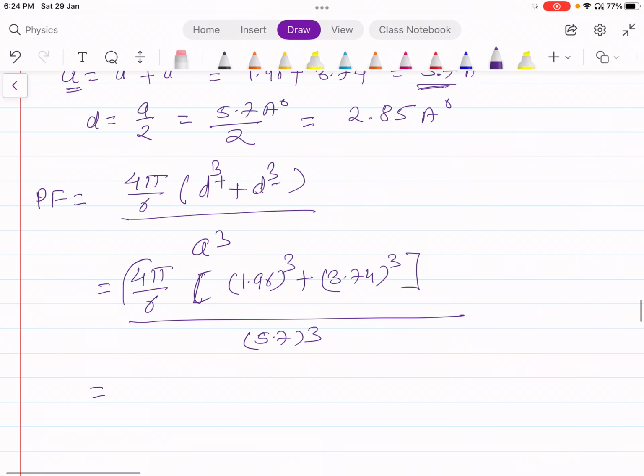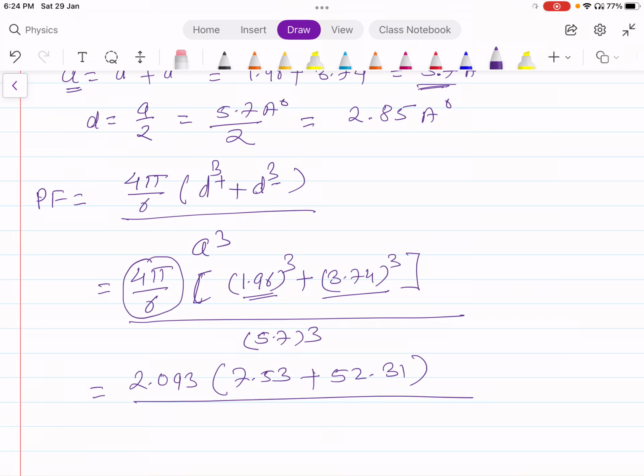So the value of this 4π/6 is equal to 2.093. In brackets, the cube of 1.96 is equal to 7.53, plus the cube of 3.74 is equal to 52.31, and the cube of this 5.7 is 185.193.